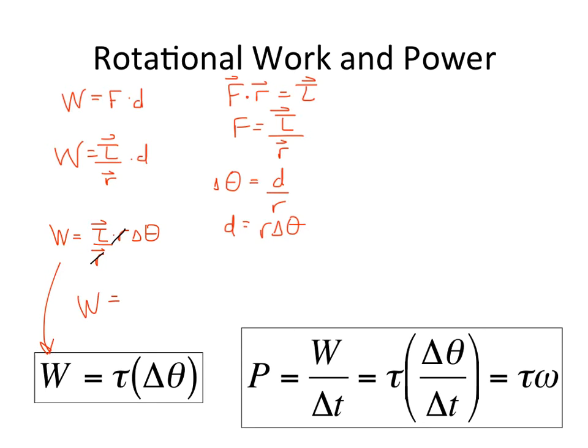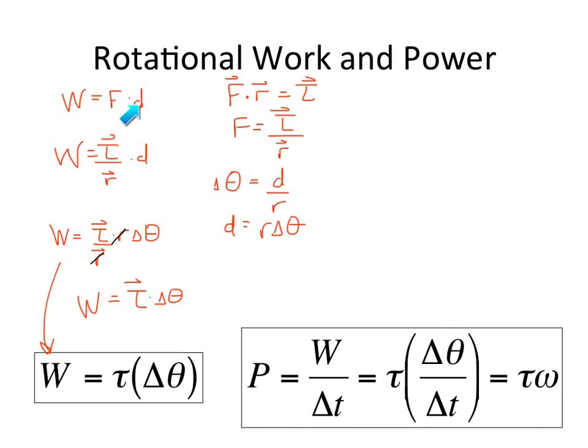That work is simply torque times our change in theta. And again, these are analogs of their linear counterparts. Torque is the rotational counterpart to force, and delta theta is the rotational counterpart to d right there.